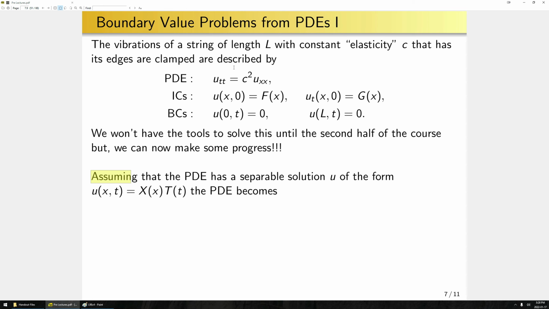But if I plug this into the PDE, then differentiating it simply gives me this thing here, right? So here u_tt, I get the derivatives attached here, and here u_xx, I get the derivatives attached over here. Okay, so now that I have this form of the PDE, what do I want to do? Well, previously when I worked with separable ODEs, I could just integrate both sides and I was done.